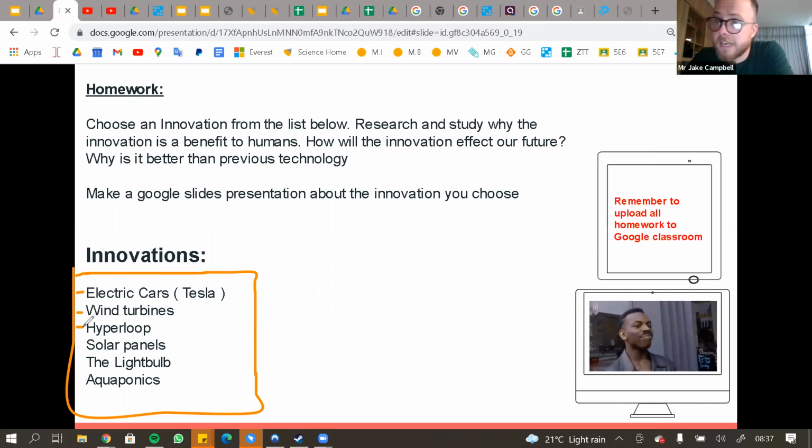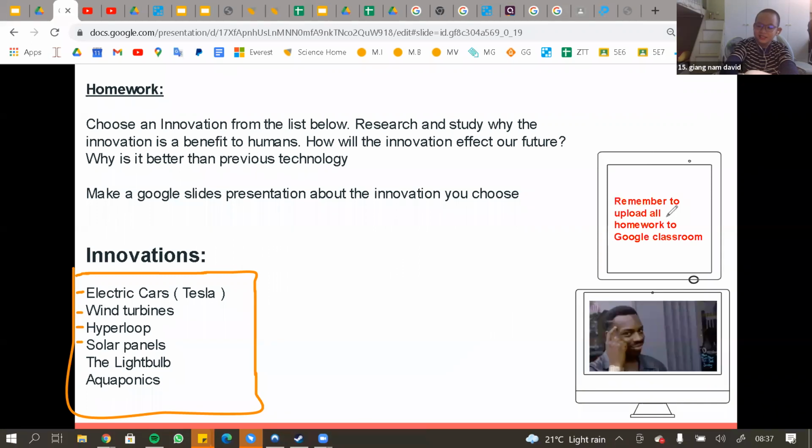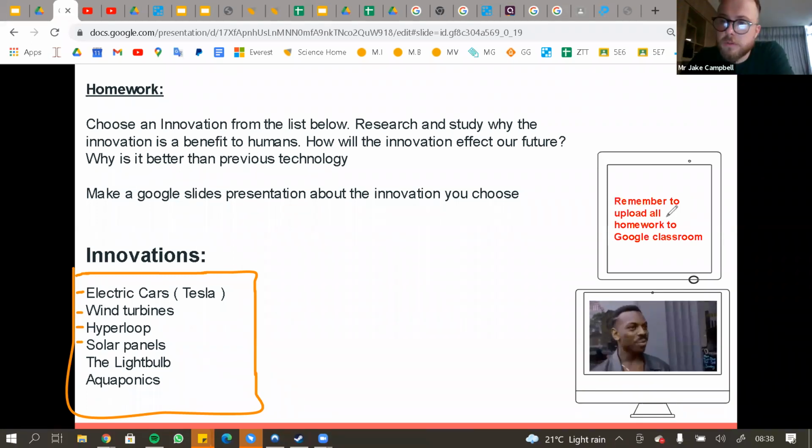Hyperloop, we've just studied that a little bit today, but you could study it more. Solar panels, again, study. Yeah, solar panels, they've not always been around. We figured out how to collect the energy from the sun by studying the leaf on a plant. The light bulb, Thomas Edison first generating electricity with a light bulb.